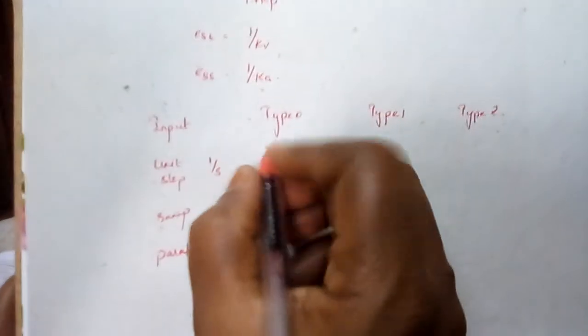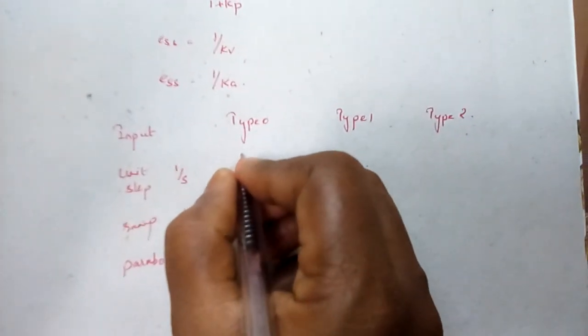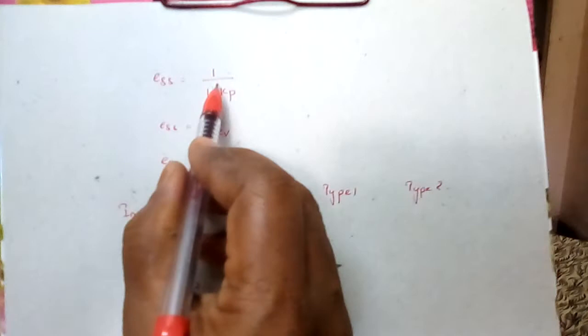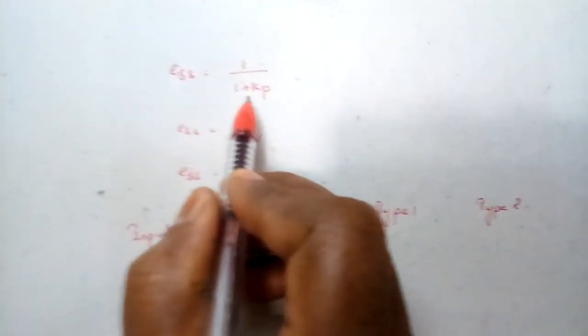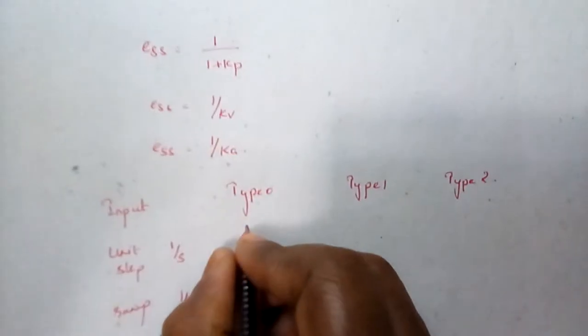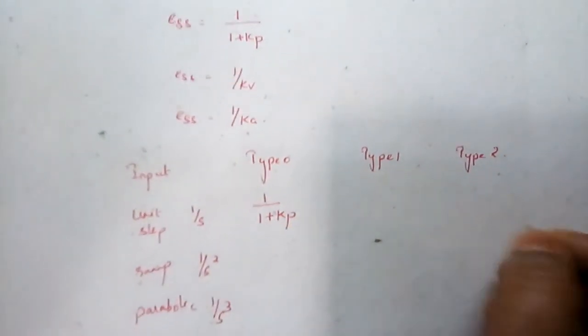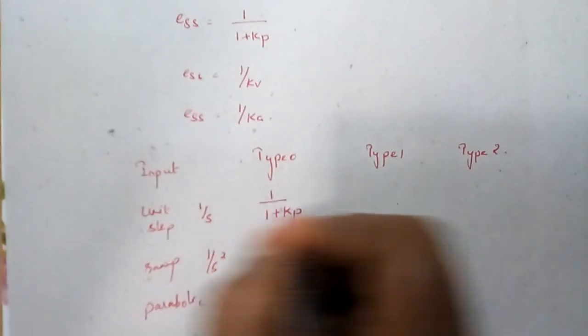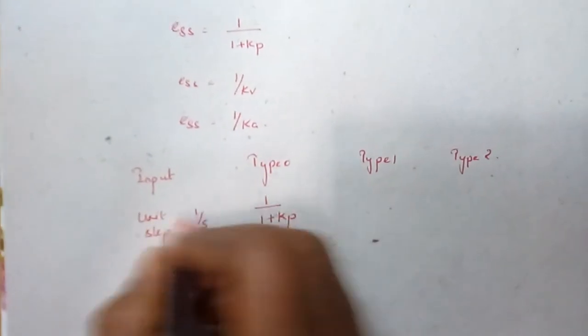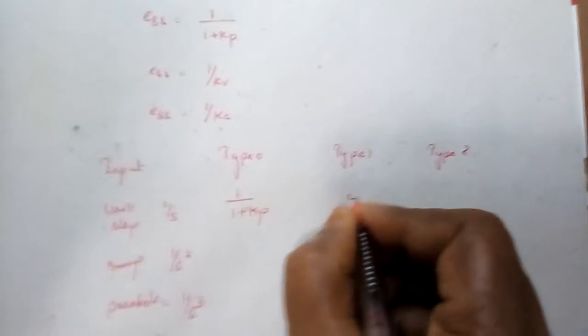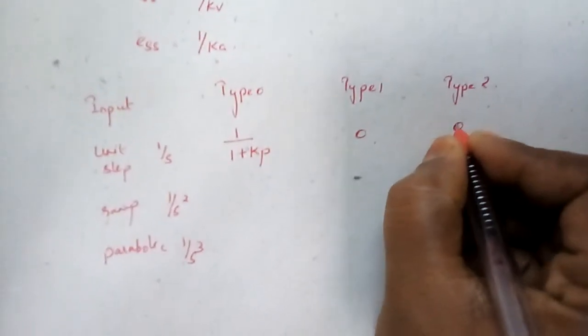Okay. And the steady state error ess for type 0 is, as discussed earlier, 1 divided by 1 plus Kp. The positional error for type 1 is not applicable, so I am putting this as 0, and the type 2 system is also 0.